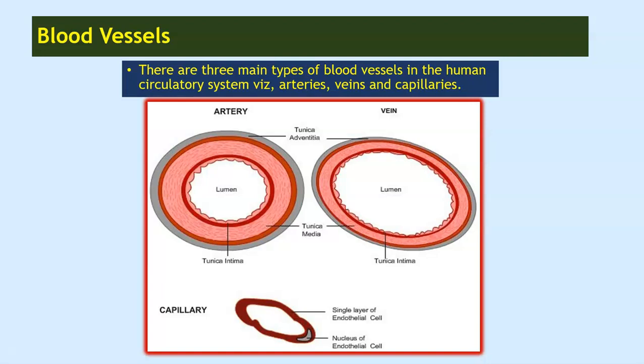They have a very thin and a very permeable wall. Exchange of material takes place through these capillary walls. We also have a stream called angiology, which is dedicated to the study of blood vessels.